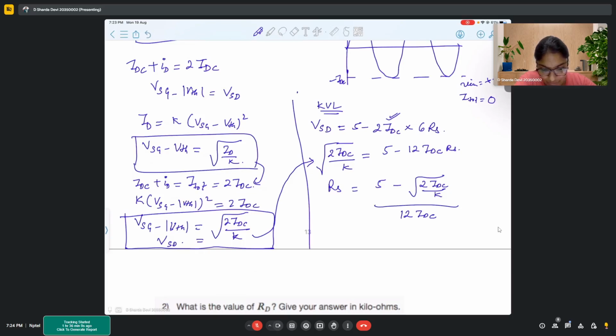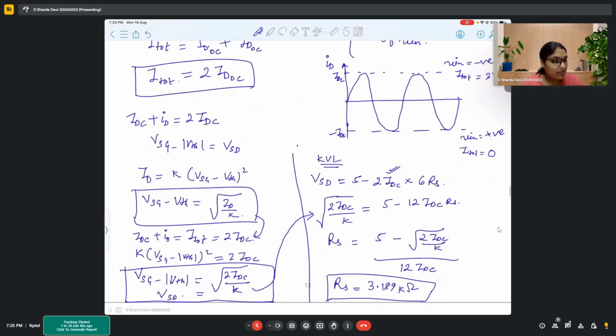So what is the value of RS that we get? Yes, what is the value of RS that we are getting from here? Is it 3.189 kilo ohms? So RS should come out to be 3.189 kilo ohms, okay?